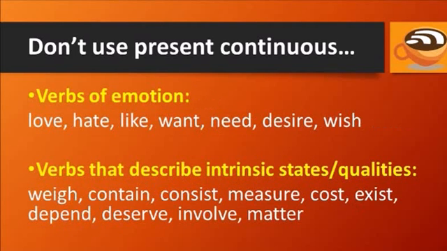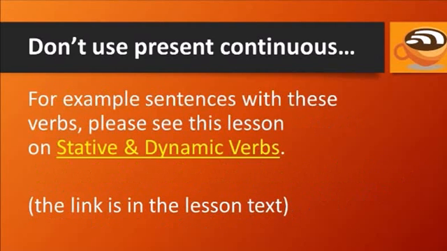Verbs of emotion like love, hate, like, want, need, desire, and wish. And verbs that describe intrinsic states or qualities like weigh, contain, consist, measure, cost, exist, depend, deserve, involve, and matter. For example sentences with these verbs, please see the lesson on stative and dynamic verbs. The link is in the lesson text.